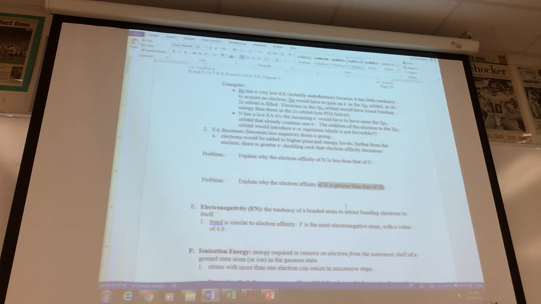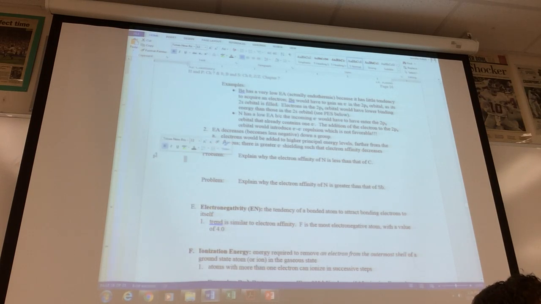So its ability to attract and hold an electron is considerably higher than that of antimony, because where would antimony be looking to attract and hold it? To what shell? The 5th, because it's in period 5. So that's what we're going to work on, and I'm going to put some horrible explanation up here next time, and you're going to fix it.